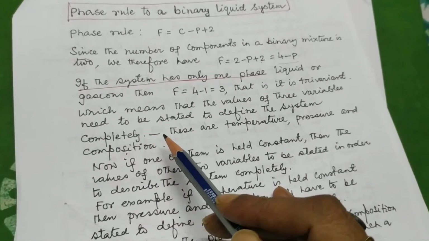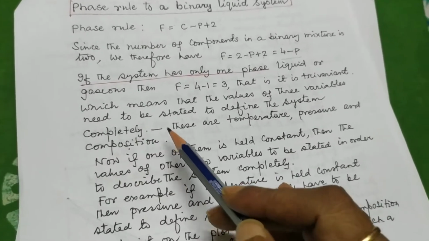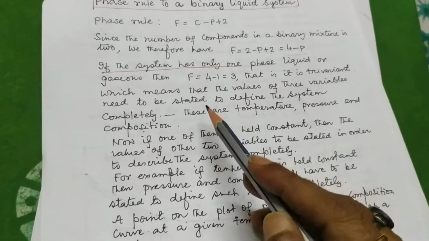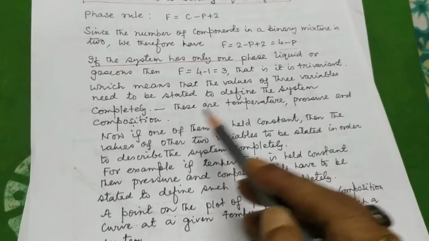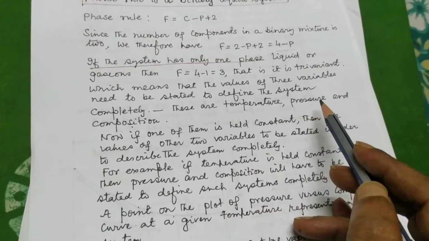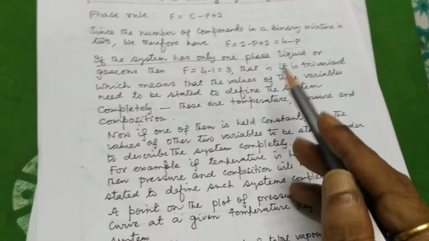What are these variables? These variables are temperature, pressure and composition.